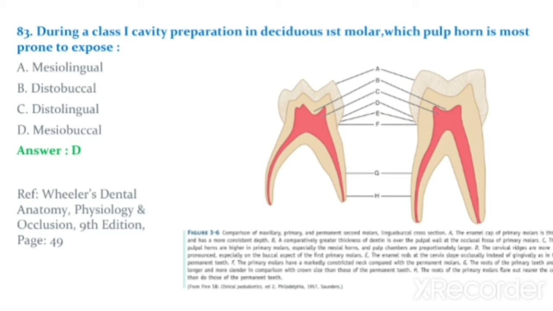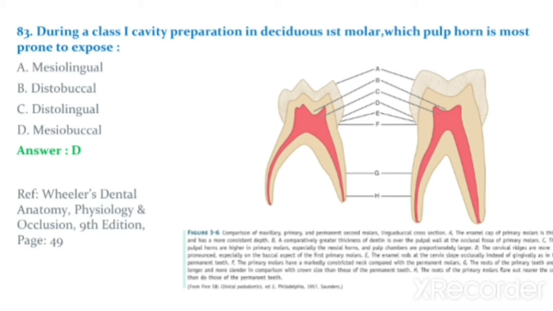and C indicates the pulpal horns are higher in primary molars, especially the mesial horns, and the pulp chambers are proportionately larger.